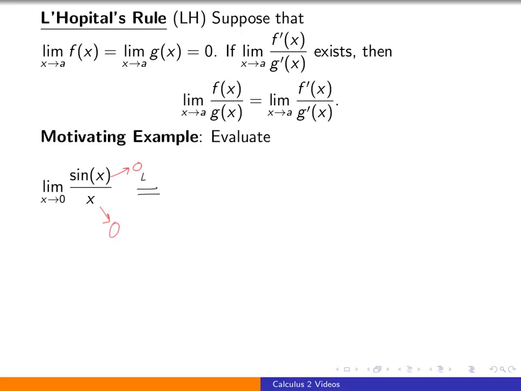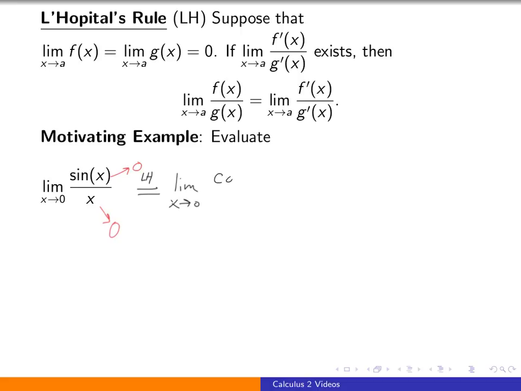Whenever we apply L'Hopital's rule, we will indicate we are doing so by simply writing an LH over the equal sign. This becomes the limit as x approaches 0, and what L'Hopital's rule tells us is we can simply differentiate the function in the top and differentiate the function in the bottom, and then that resulting limit will have the same value.